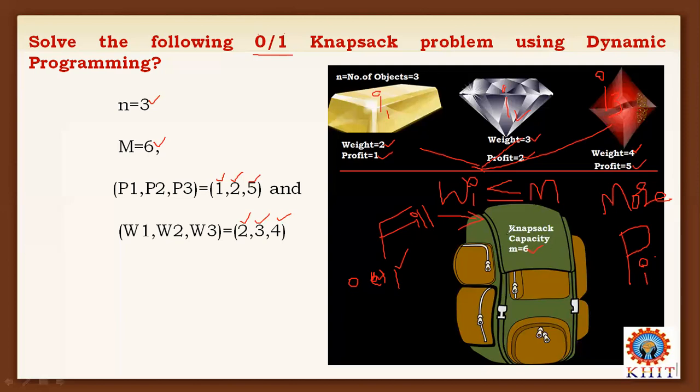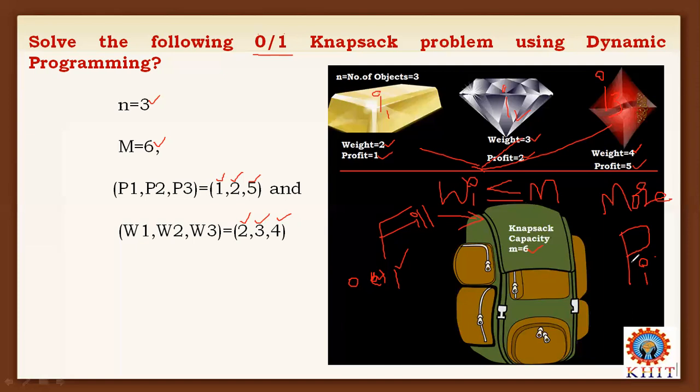Fill the knapsack with a complete item or a not-selected item. Fill the bag by satisfying the condition Wi less than or equal to M to maximize the profit. So this is the main idea, or the main problem statement, or objective of the 0/1 knapsack problem.